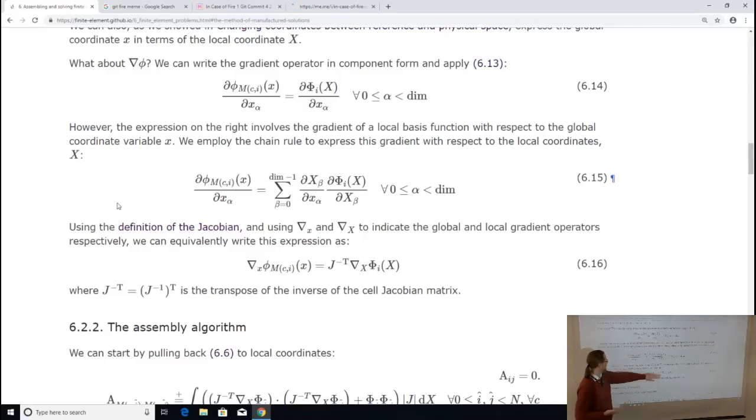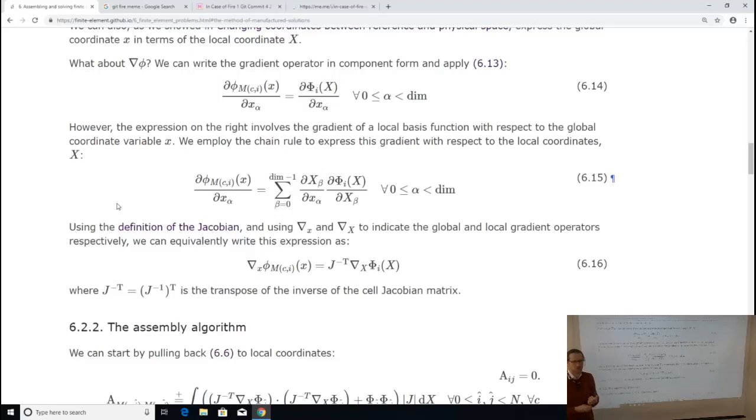And chain rule says that what I get here is d x beta d little x alpha. So this is the Jacobian of the transformation. It's the gradient of the local space with respect to the global space, which is very, very nearly what we did previously.